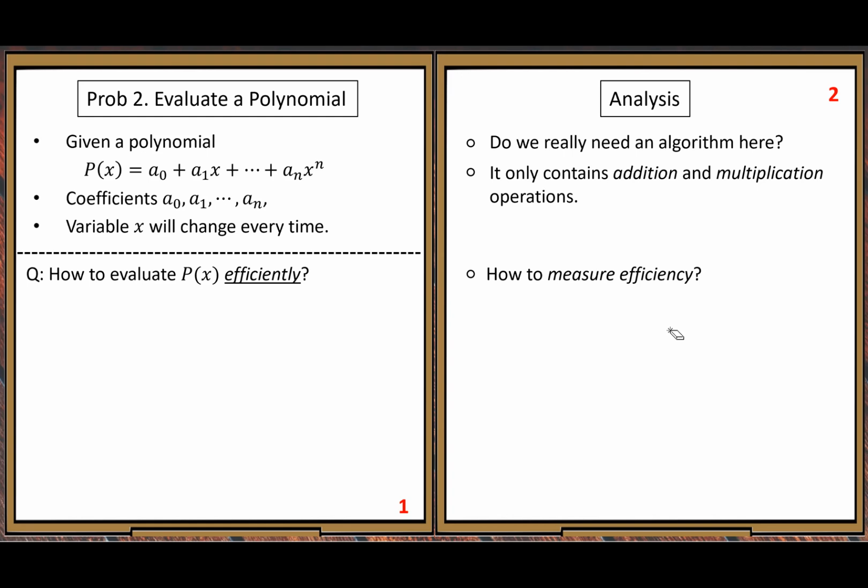So there is another measure that is more fair and more stable: the number of operations, the number of additions, the number of multiplications. If we use the number of multiplications and additions, then we don't worry about which computer we use, right?